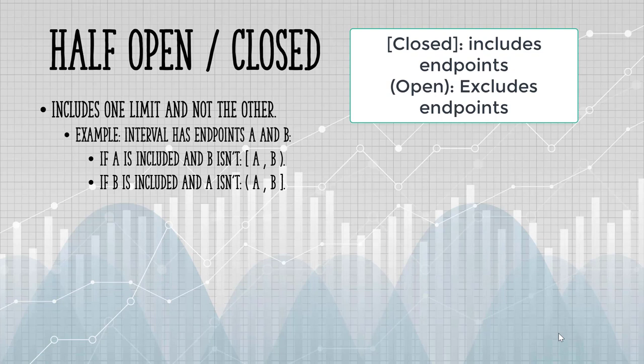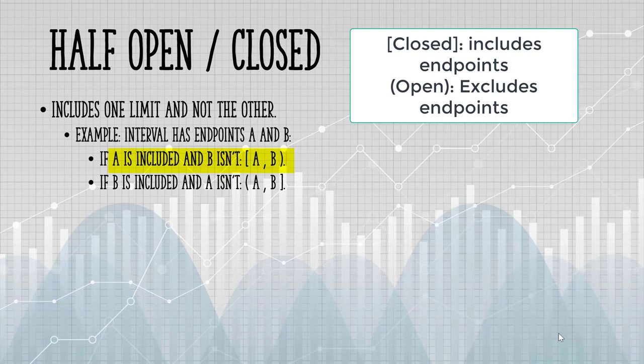Imagine your interval has endpoints a and b. If a is included and b is not, we can say the interval is a, b with a bracket next to a because it's included and a parentheses next to b because it's not.